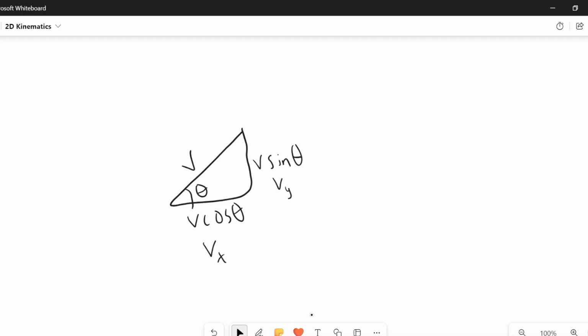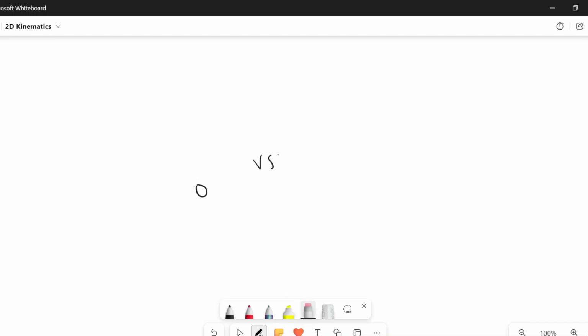So now with this, we can start to go over projectiles. A projectile is an object which is moving at an angle and is only being affected by the acceleration of gravity.